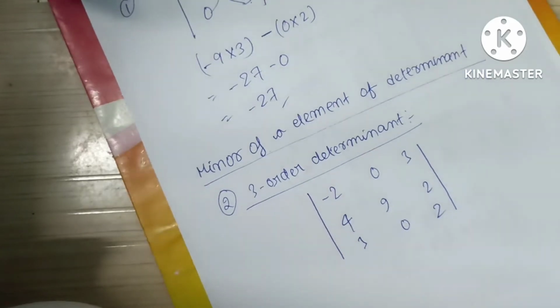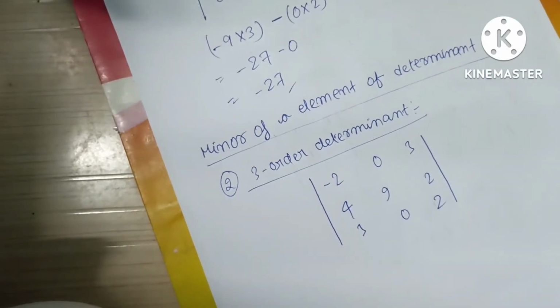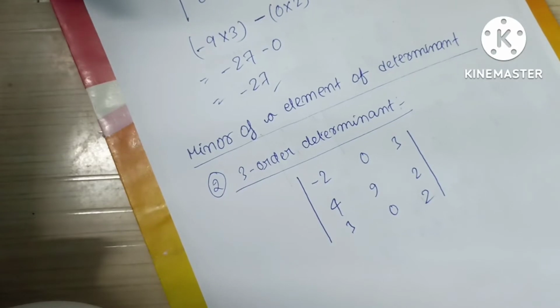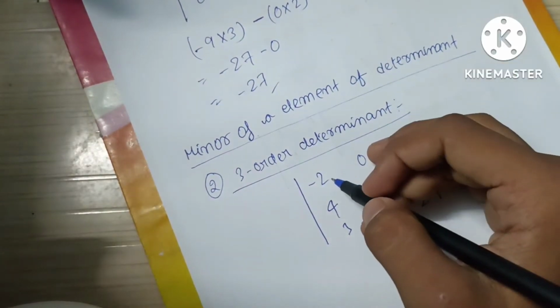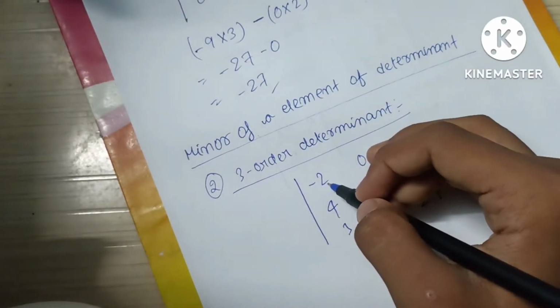There are some steps to calculate or find the minor. Suppose we need to find the minor of the element minus 2.